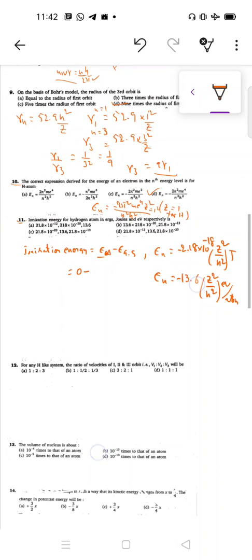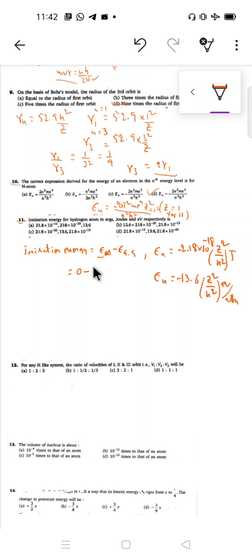And there is another formula in electron volts: En is equal to minus 13.6 Z square by n square. The units are different, electron volt per atom. Let us use these two formulas for the calculation here.